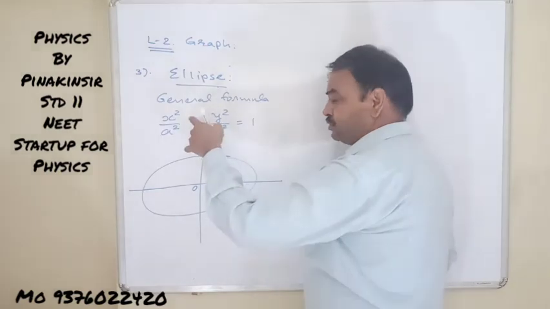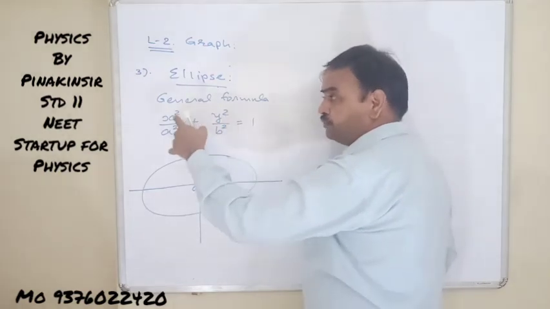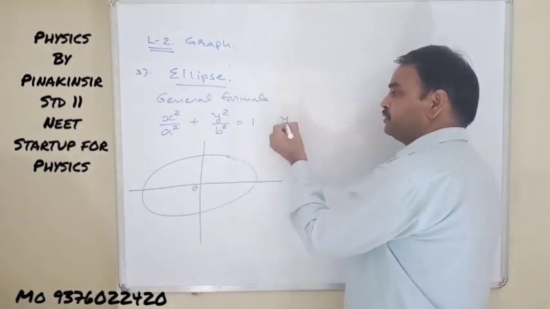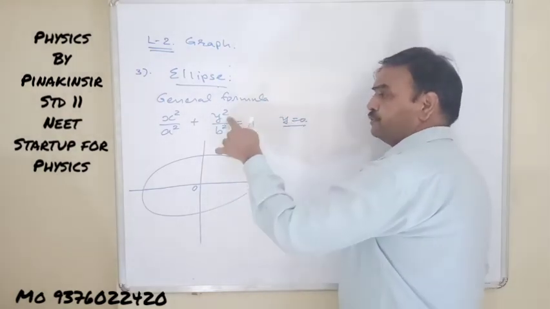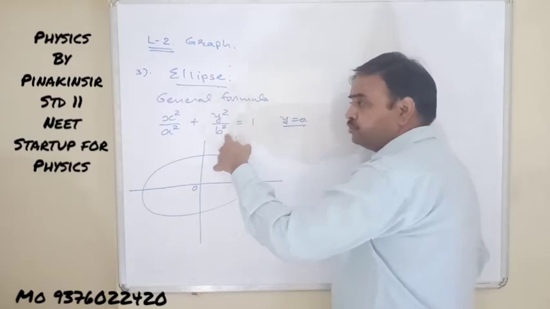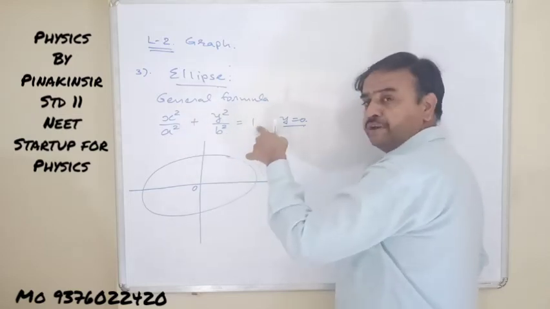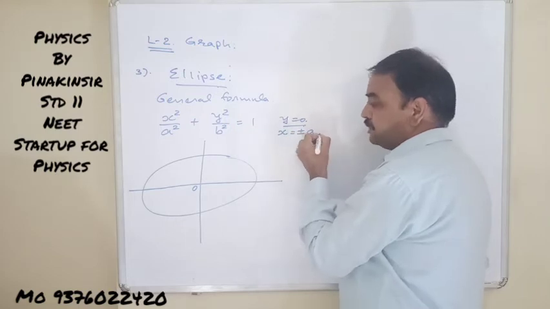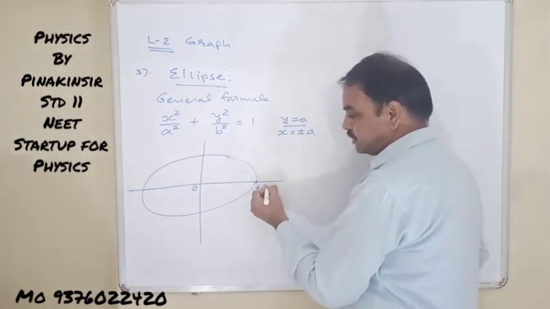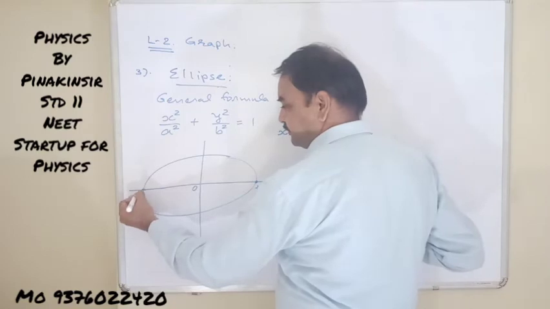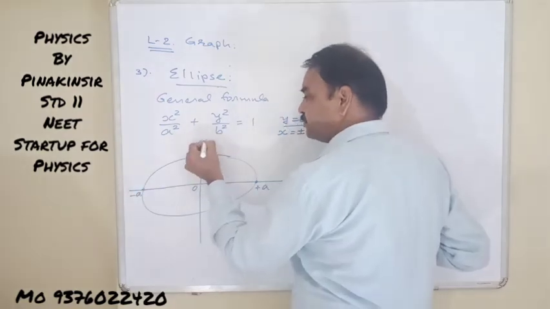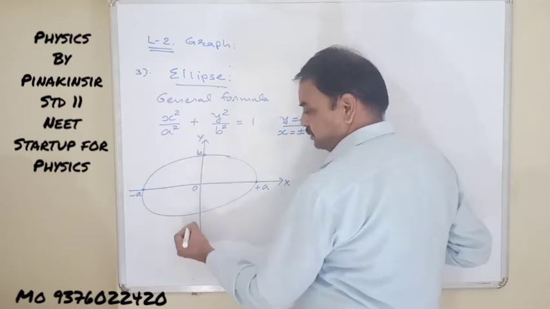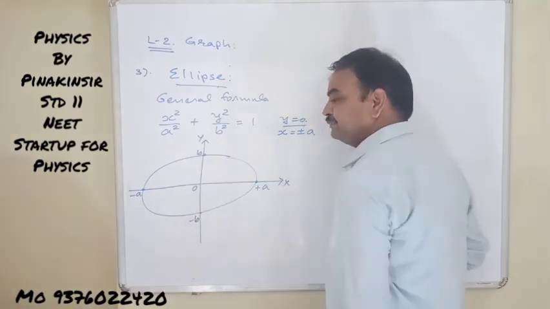If we substitute y is equal to 0, you will get x is equal to a. In this expression, if we substitute y is equal to 0, this term is totally 0, and x square will be equal to a square, and thereby x is equal to plus or minus a. This one is plus a, that is minus a. In the same way, on the y-axis this will be plus b, this one is minus b.